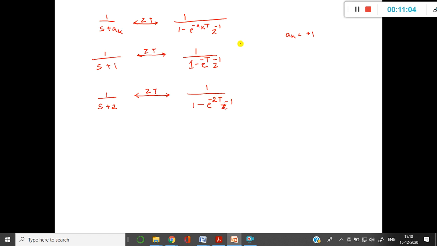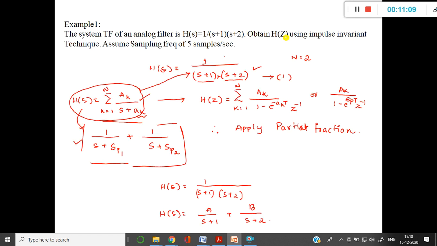Apart from that, look at the question, he has also given me the sampling frequency. If you observe here, the sampling frequency fs is 5 samples per second, right? From this you are supposed to obtain capital T. What is capital T? 1 by fs, which is equal to 1 by 5.